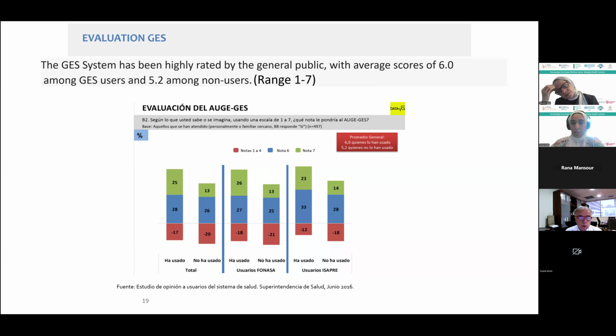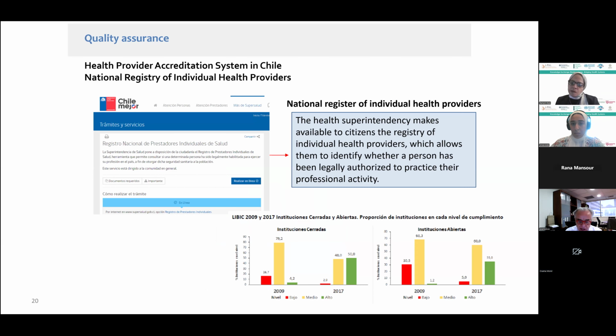In addition to identifying how we recognize the protocol, how we establish the package, and how we establish the guarantees, we establish the structures around the law. That structure includes the National Register of Individual Health Providers. That means the Superintendency of Health shows to the citizens and makes available to them the individual health providers.